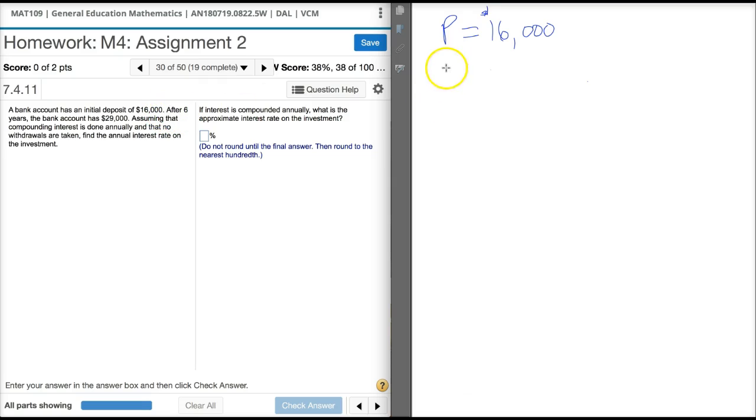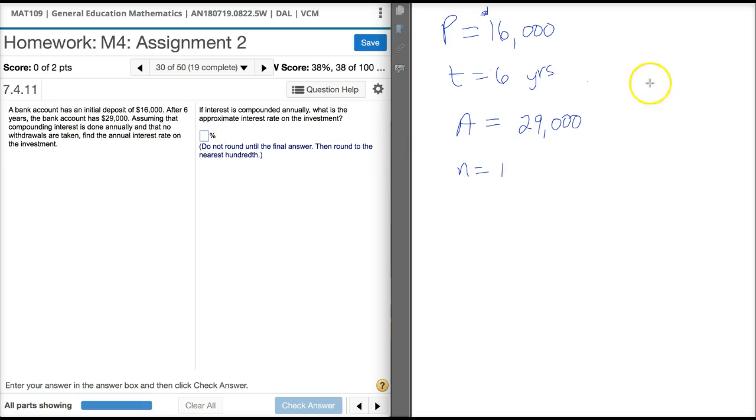After 6 years, so we know that the time is 6 years, the bank account has 29,000 in it, which means the accumulated or the new amount is this much. Assuming that compounding interest is done annually, which means our N is 1, and that no withdrawals are taken out, find the annual interest rate on the investment.